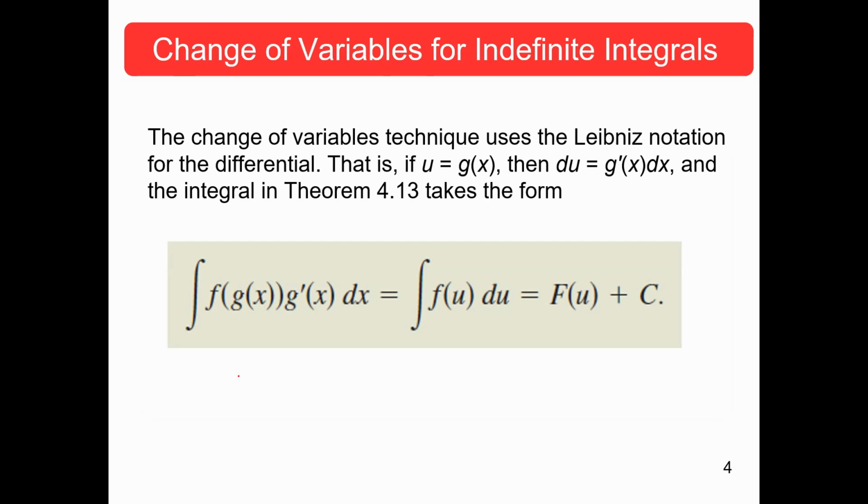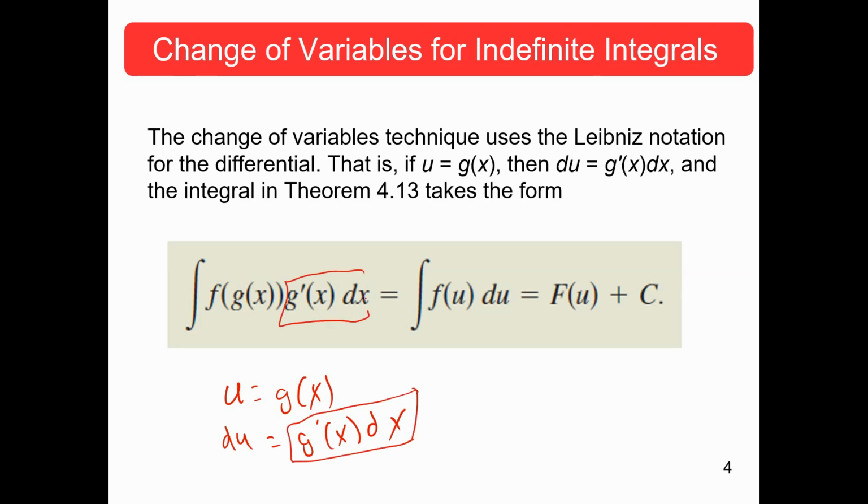That is, if u equals g of x, then if I take the derivative, du, I get g prime of x dx. Remember, you just take the derivative and tack that dx on it. This is really important because notice that g prime of x dx becomes du, and f of g of x becomes f of u.